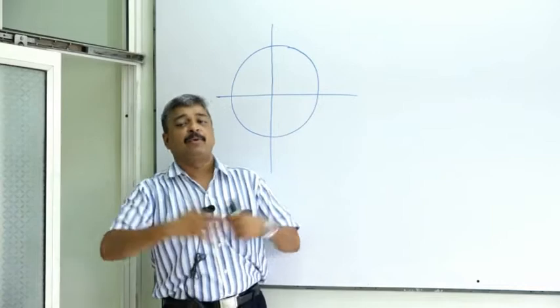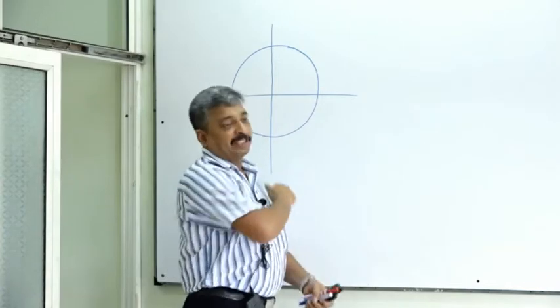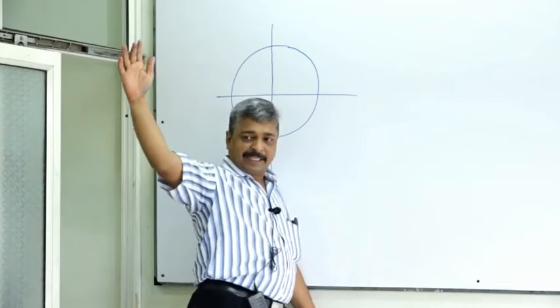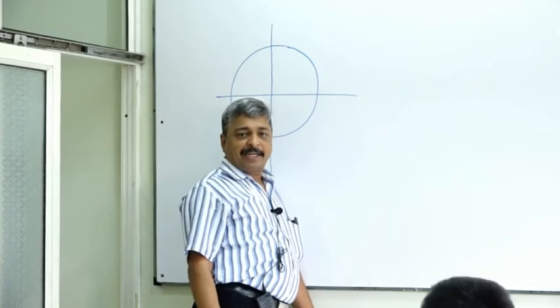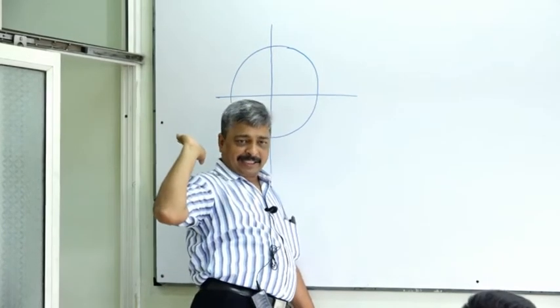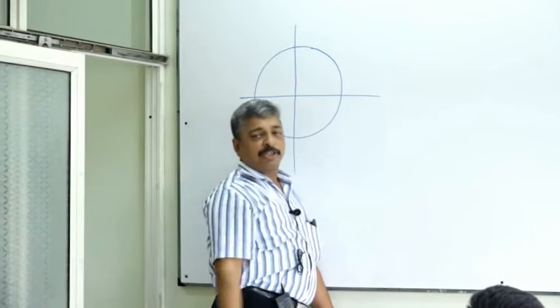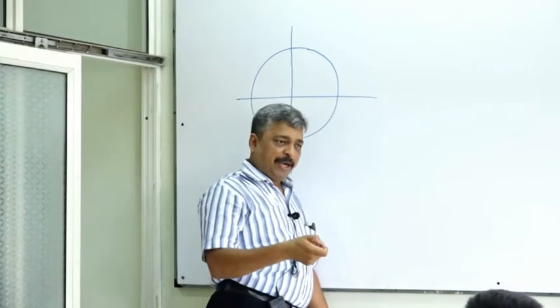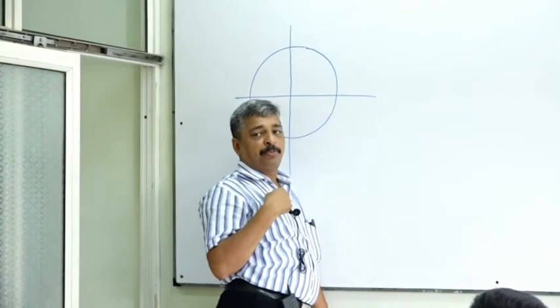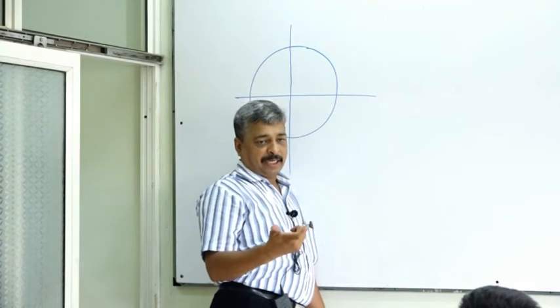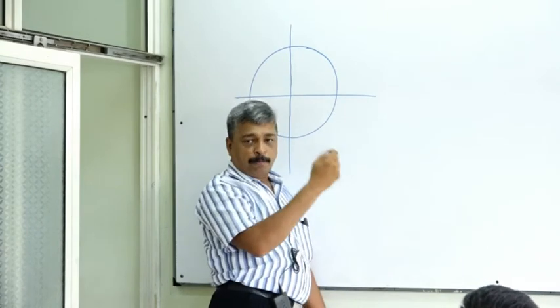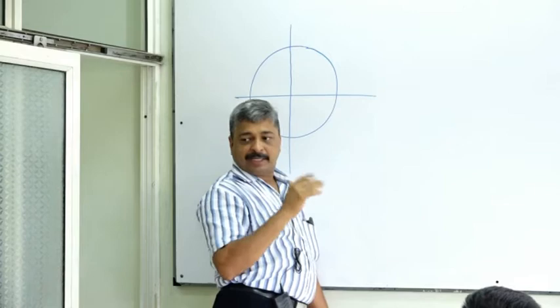So it can take every real number value. That means any point on the x-axis, starting from negative infinity to positive infinity. If I choose any value of x, I should be able to find the value of sine theta and plot it, and check whether it is correct or not.